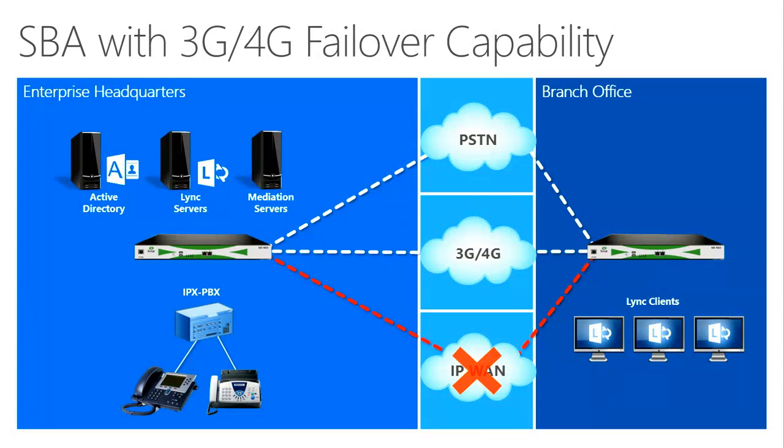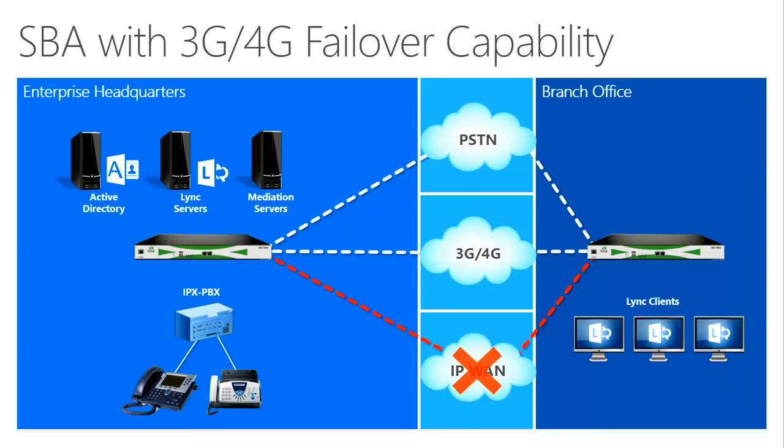So a lot of people go, I don't want to spend $3,000 or whatever the price is on an SBA. I would rather spend $500 or $1,000 and have something that I have a monthly payment on, in this case, a backup using 3G, and use that for when I'm in disaster recovery mode.